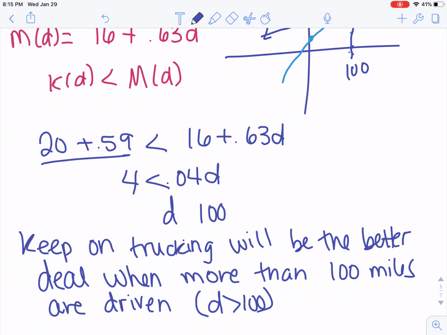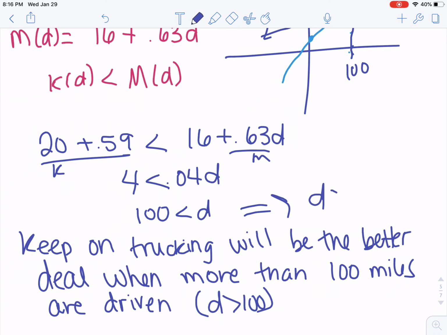I knew it was wrong as soon as I drew it in. You want to know when Keep On Trucking is going to be less than the other moving company. So when you do that, this is going to be 100 less than D. So we rewrite it as D is greater than 100. So you can set it up as an inequality as well, or you can see when the break-even point is, and then you know any miles after that are going to be less. Either way is an acceptable way to set it up.